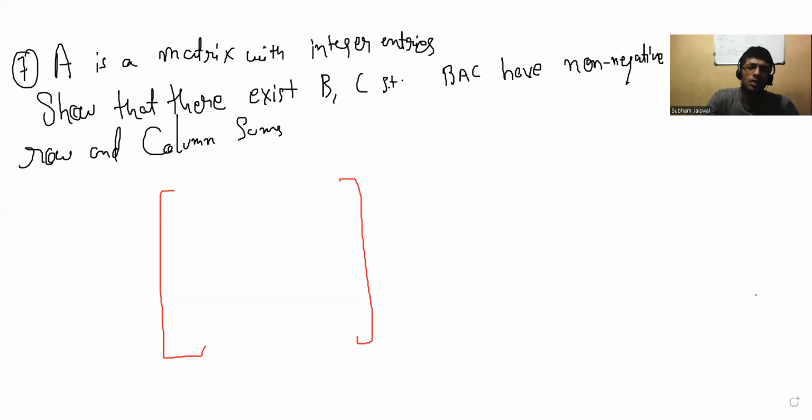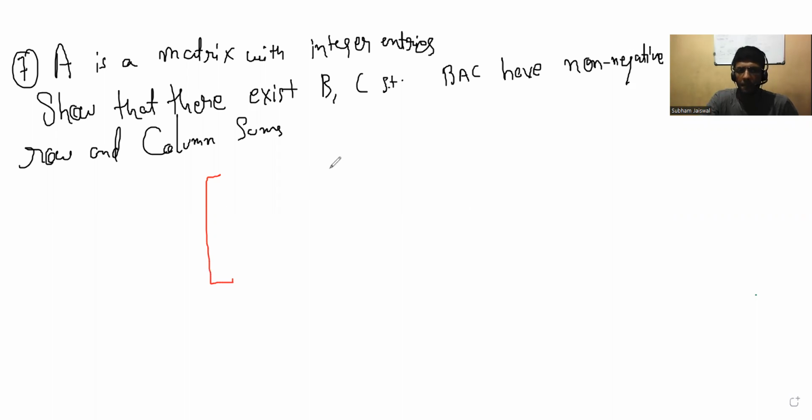But somehow you have to, so let's just take an example, that will be better. If the row entries of B and the column entries of A correspond, that is difficult to arrange.